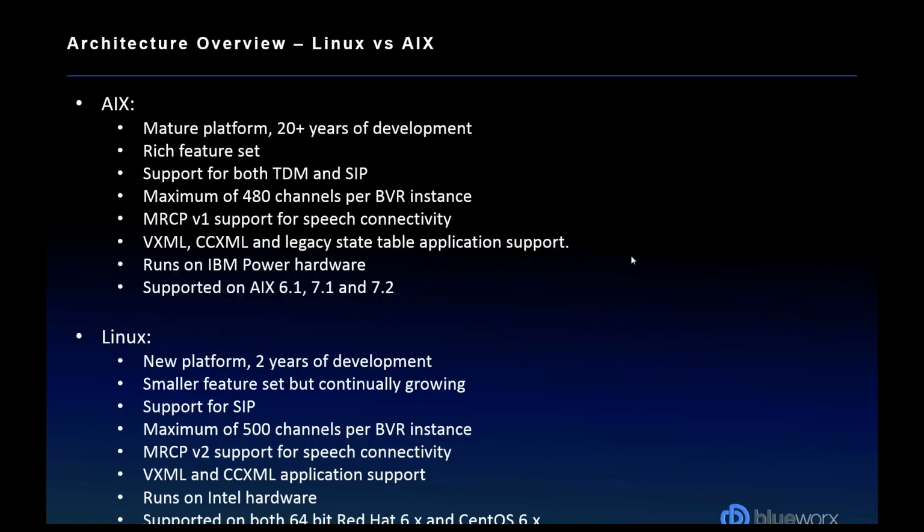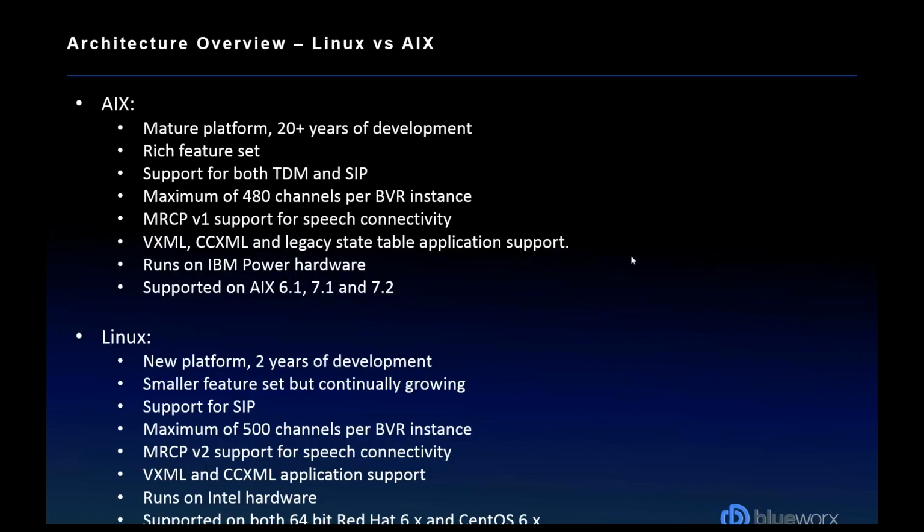It was April. So we released that in April, and as it says there, it's got a smaller feature set than the AIX platform, but a lot of those features in AIX that we don't support in Linux, we don't need to support anymore because technology's moved on. One good example is that the AIX platform supports connectivity to mainframes via a 3270 interface, so that you can write your state table application and access back-end data from your 3270 mainframe.